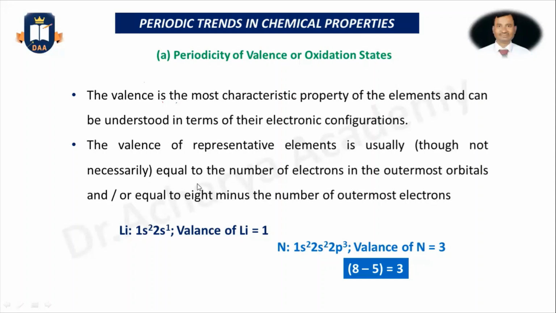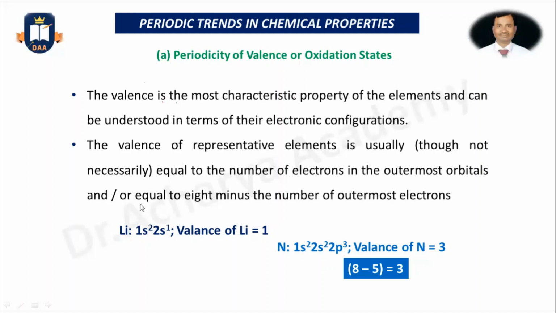In the first case, the valence is equal to the number of electrons in the outermost orbitals. In this example, you can see the lithium electronic configuration of 1s2 2s1. So the outermost orbital is this 2s1. In 2s1, the number of electrons is 1, and therefore the valence of lithium is 1.